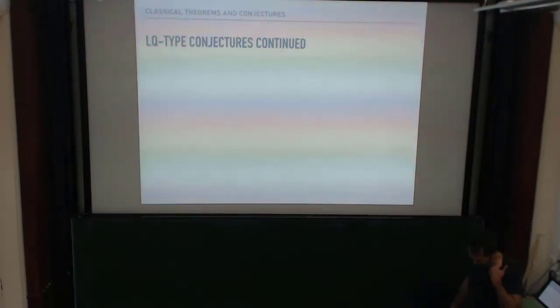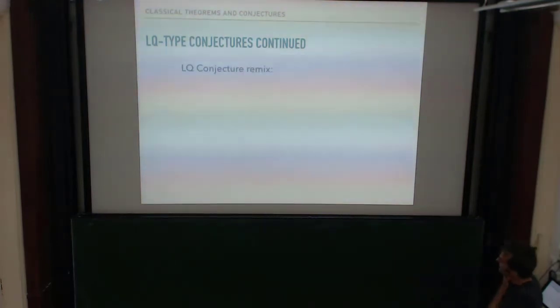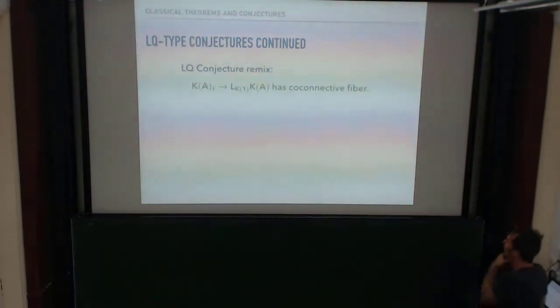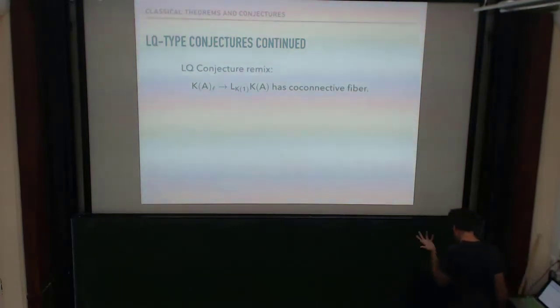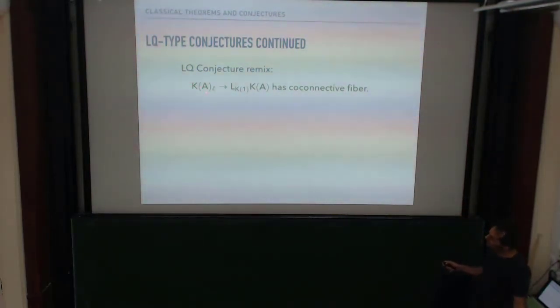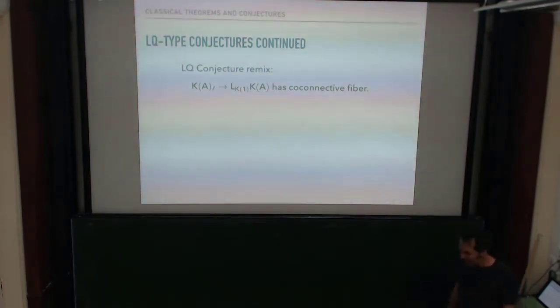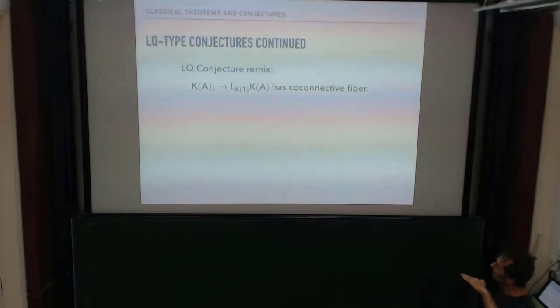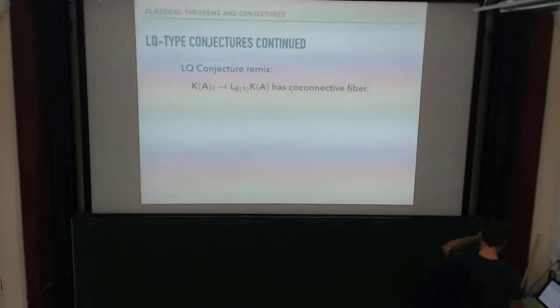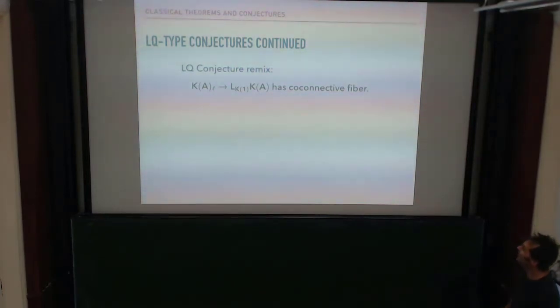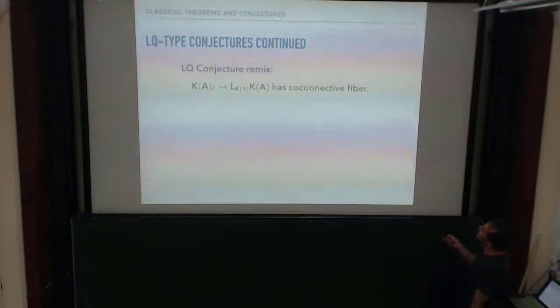So returning back to these Quillen-Lichtenbaum conjectures, we can now rephrase the problem. We have a localization map from the L_I completion to this K1 localization, and the conjecture is really that the fiber of this map is coconnective, bounded above, and the top group is given by this dimension of A plus 1, I guess.